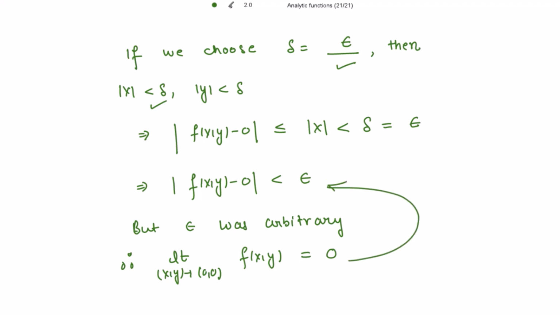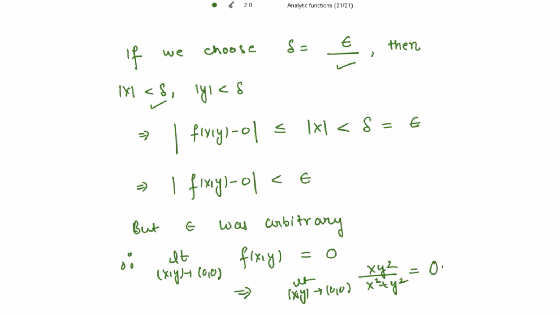This is what the definition for the limit gives, which implies the limit as (x, y) tends to (0, 0) of x y squared divided by x squared plus y squared is equal to 0. Okay, thank you.